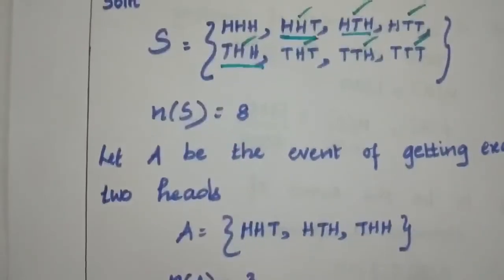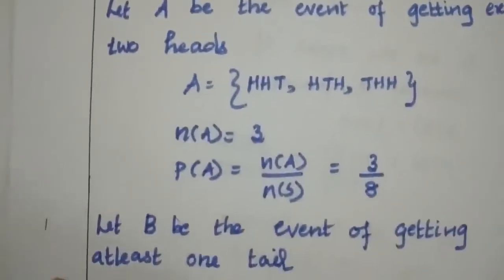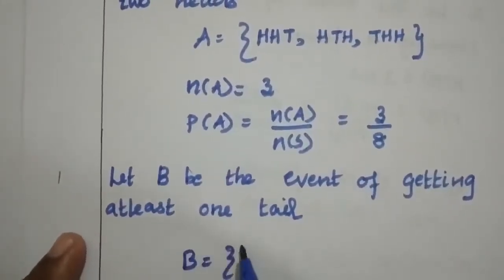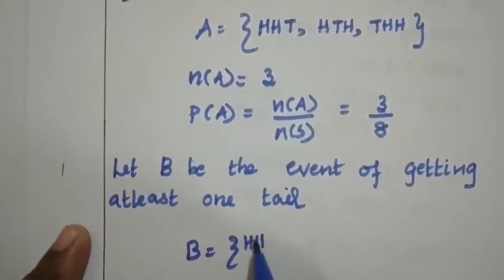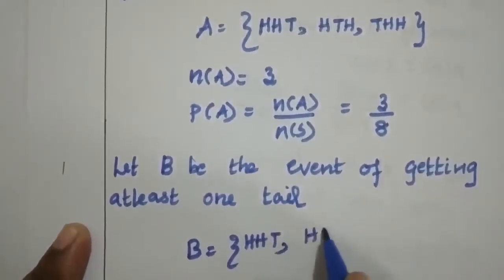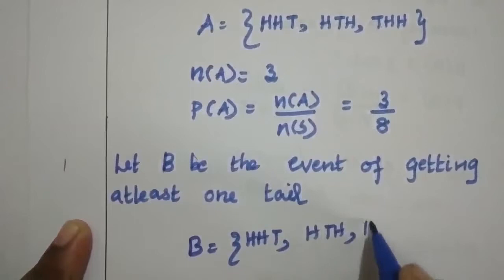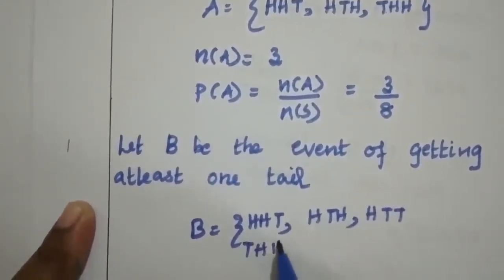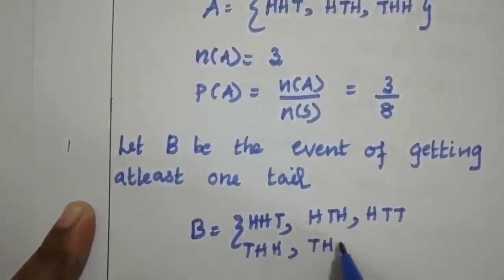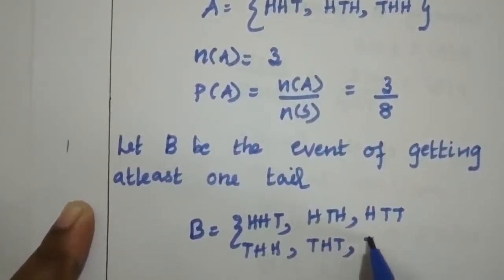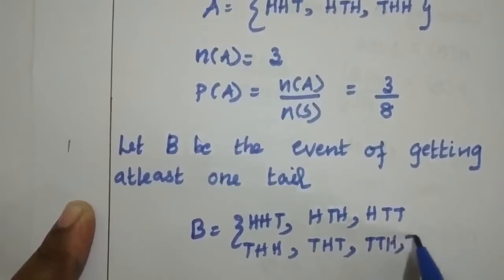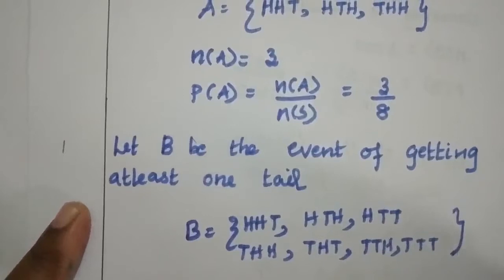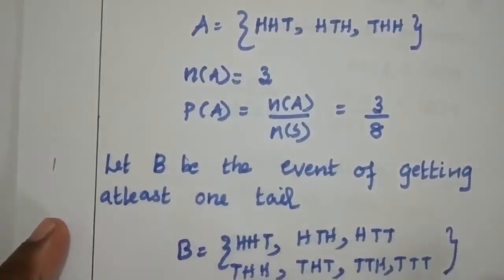So B is HHT, HTH, THH, HTT, THT, TTH, and the last one is TTT.